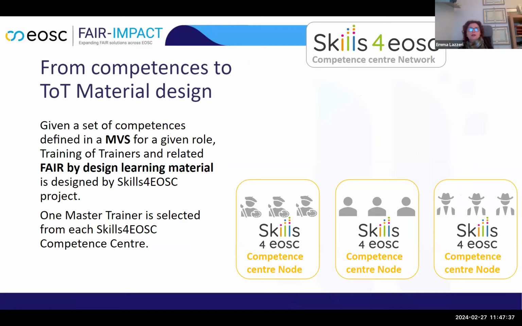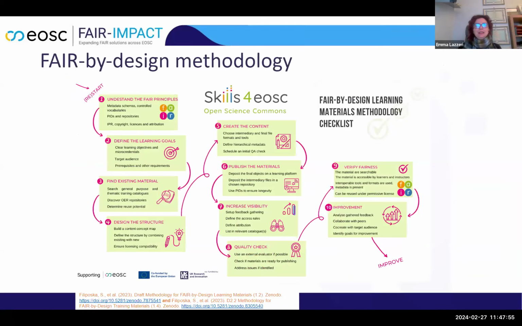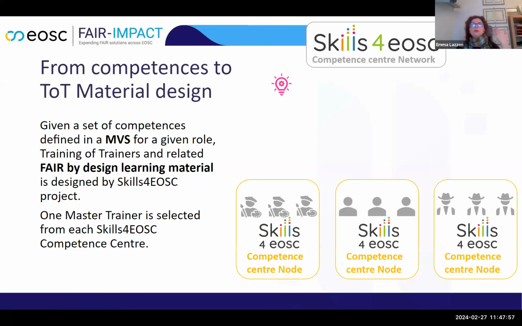So how does the Skills for EOSC methodology go from competencies definition to the alignment of competencies in the different competence center nodes? I hope this animation will help me in explaining this. So first of all, we define the competencies with the minimum viable skill set.